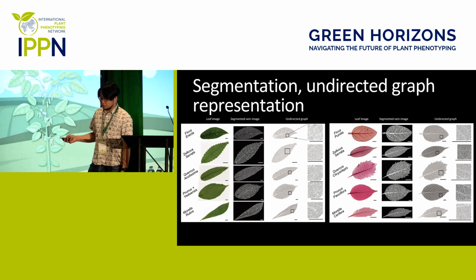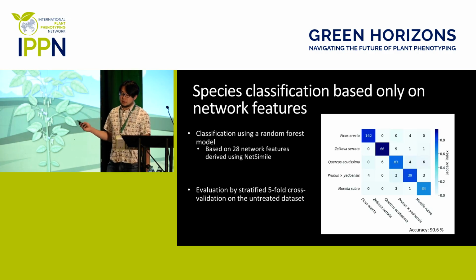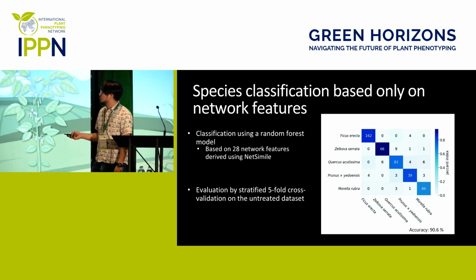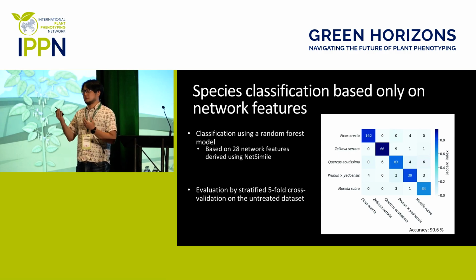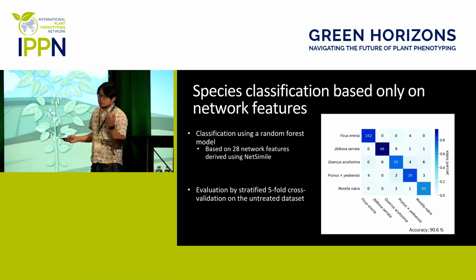Now I will show the detailed structure of that. Finally, we can calculate the network features based on the undirected graphs. I'd like to demonstrate that these network features have enough information to distinguish these species based only on the network features. We don't use any information about texture or color.